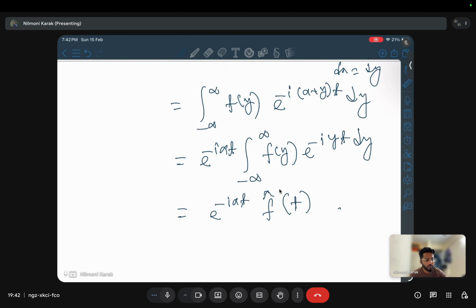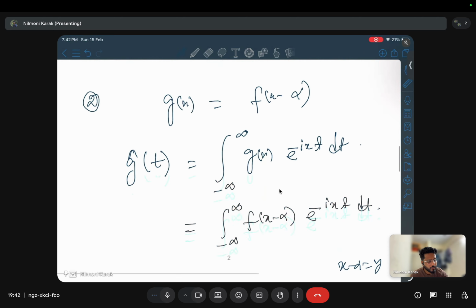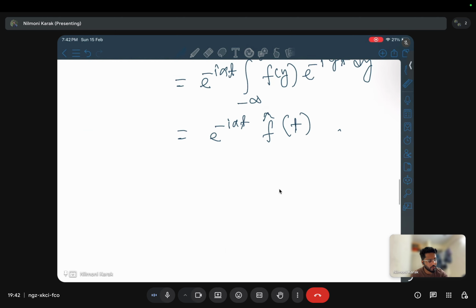So g hat of t is e to the power minus i alpha t times f hat of t.